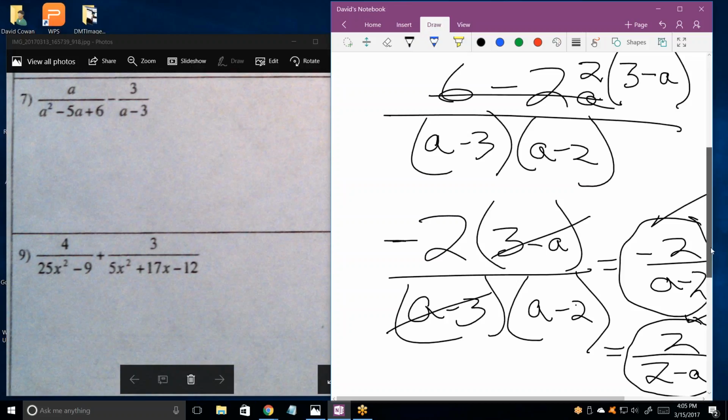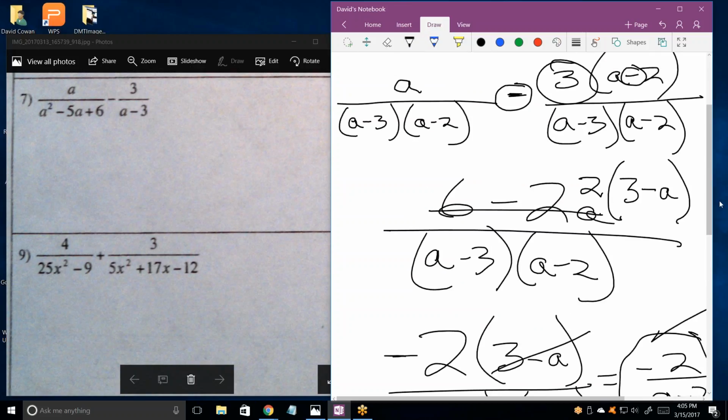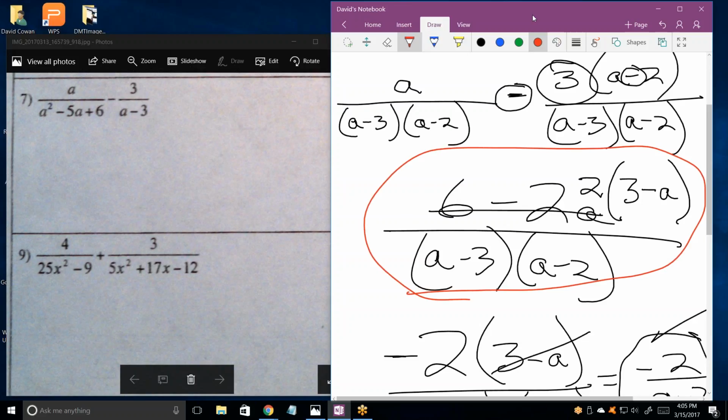Once we got to this step right here, I'm not done. I can take that 3 minus a and work with that a minus 3. That's good because it allows me to simplify it.